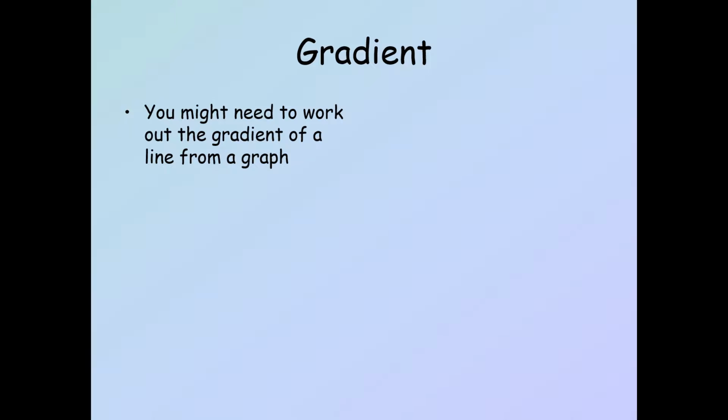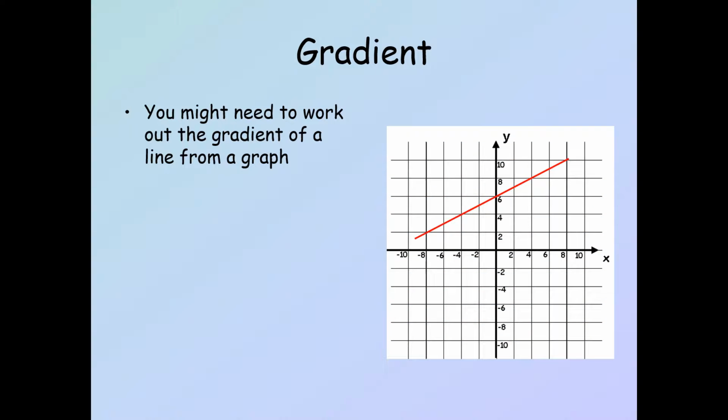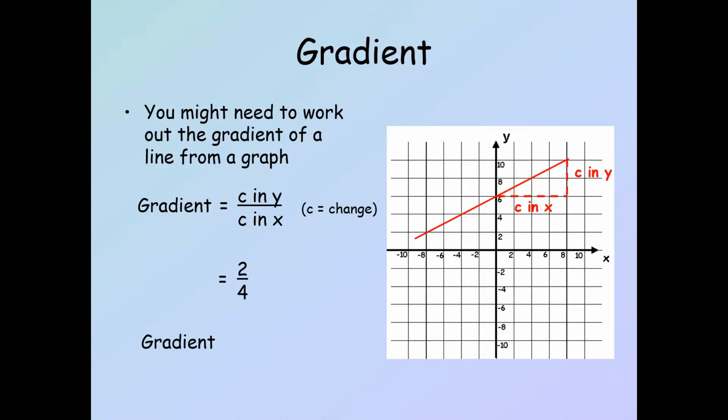Just a quick recap. Finding the gradient from a line: change in y over change in x. We make sure we read from the graph so we get the right scale. So in this case, we've gone along 2, 4, 6, 8, and we've gone up to 4.